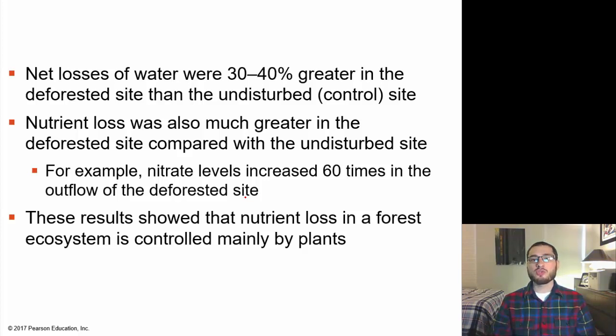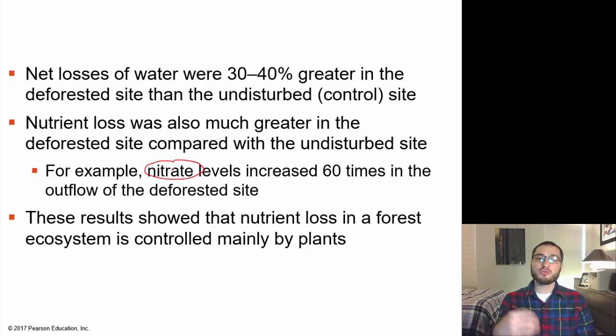So nutrient loss was also much greater. So along with throwing off that water cycle, now you're throwing off the other nutrient cycles involved in that deforested site compared to the control site or the undisturbed site. So nitrates, all right, we talked about the nitrogen cycle. These levels increase 60 times in the outflow of the deforested site.